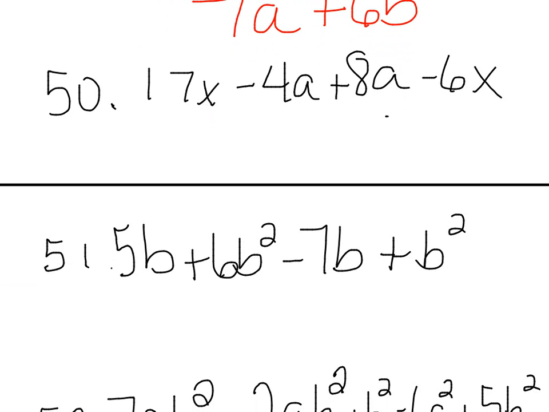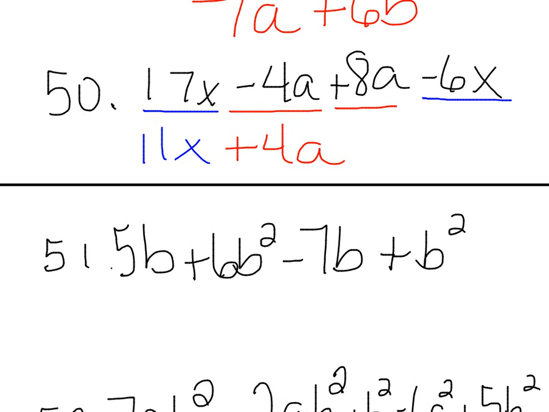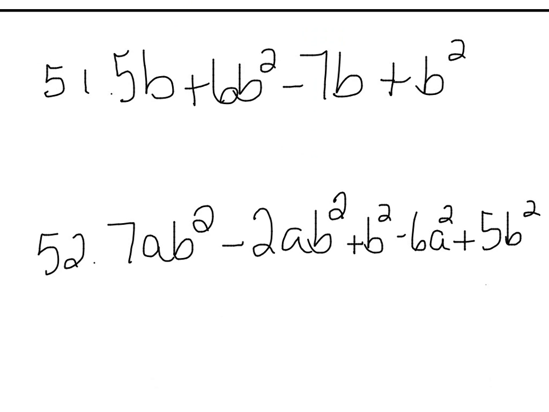On number 50 here, the ones that are alike are the 17x and the minus 6x, so that would be 11x. And then negative 4a plus 8a would give us positive 4a, so that's your answer. On 51, we have 5b minus 7b, which gives us negative 2b.